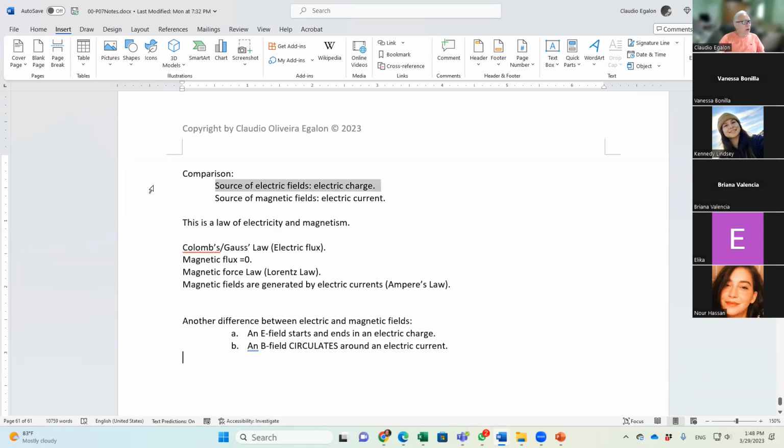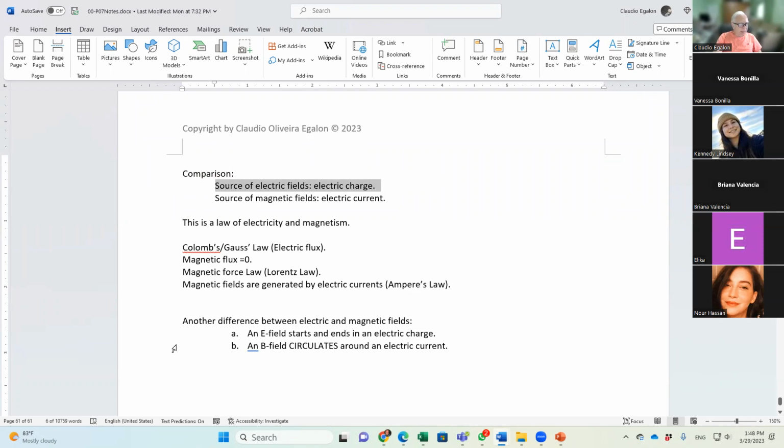One needs an electric charge. The other also needs an electric charge, but the electric charge needs to be moving. It's not enough to have an electric charge at rest to generate a magnetic field. That electric charge must be moving. So if you have a moving electric charge, you're going to have a magnetic field and an electric field as well, an electric field that's moving with that charge.